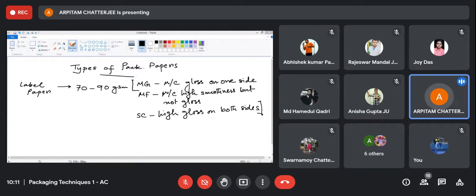So in those cases we cannot use both side gloss or both side very smooth label paper. One side, which is the printed side, may be very glossy, but the other side may not be that glossy or smooth, maybe a kind of roughness will be there.